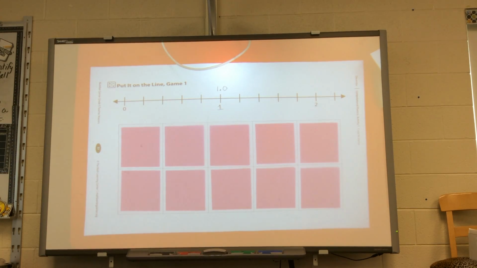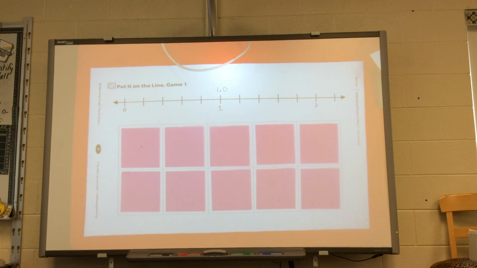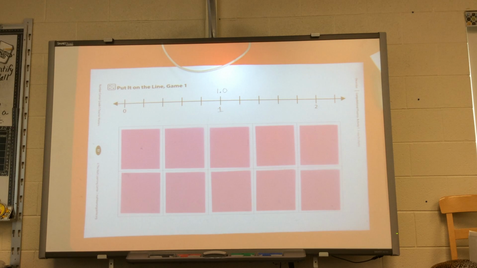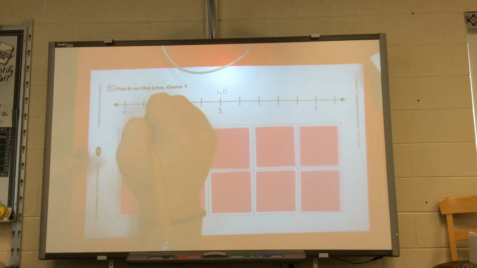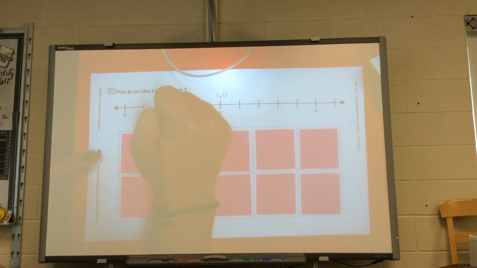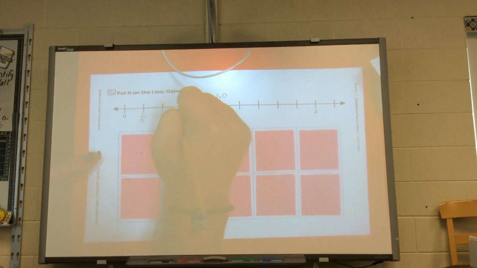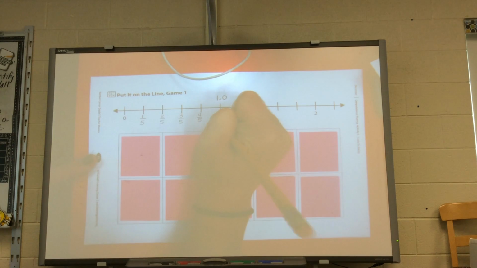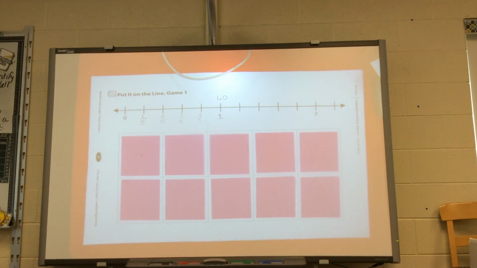Okay, 5. Into 5 pieces. So each piece as a fraction is worth what? Logan? 1/5. Yes. So this is 1/5. This is 2/5. This is 3/5. This is 4/5. And that would be 5/5 or 1 whole, right?